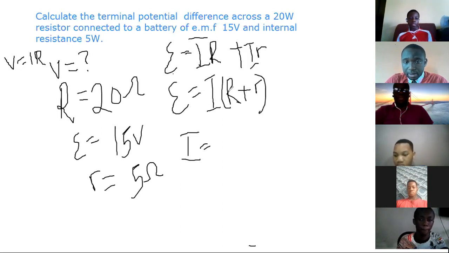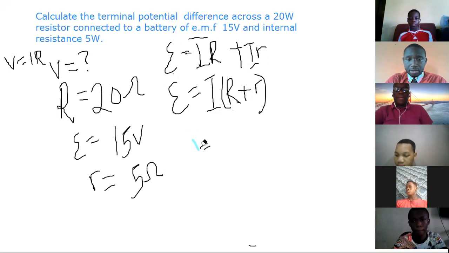Making I the subject of the formula, what will be I? E over R plus... no, come on. Okay, let's do this. This is how you do it. E equals I times R plus r.